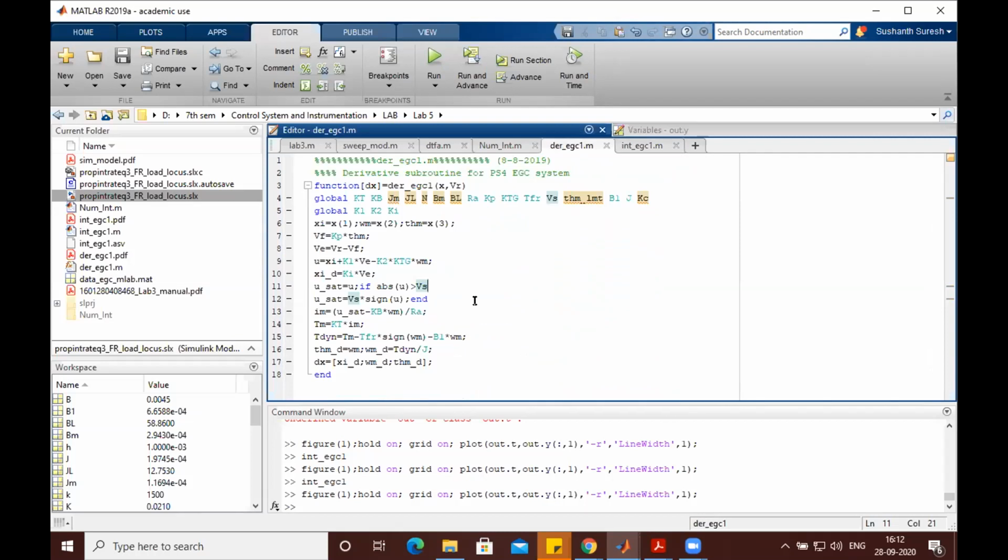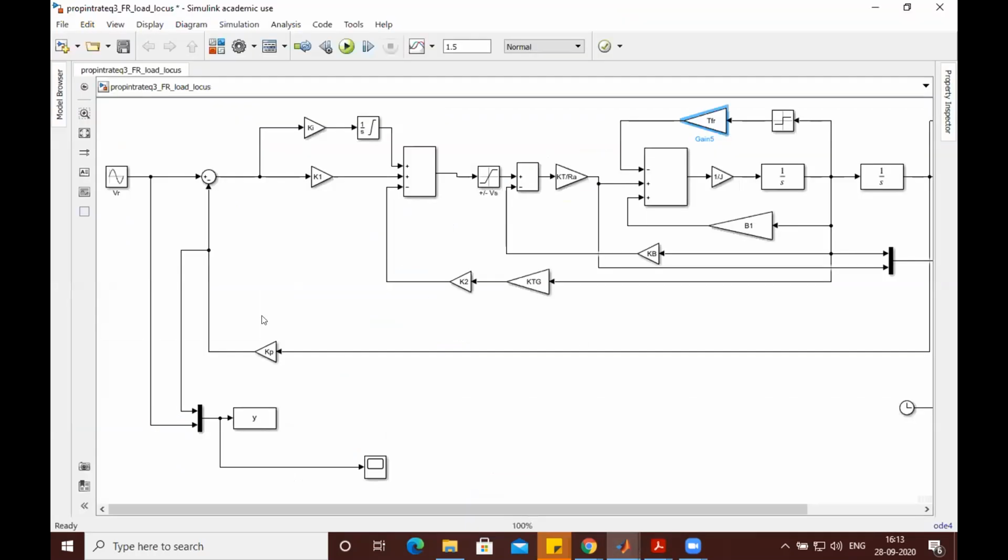Saturation minus kb omega, significant slope omega. Now you go to that Simulink. That configuration parameter you take.